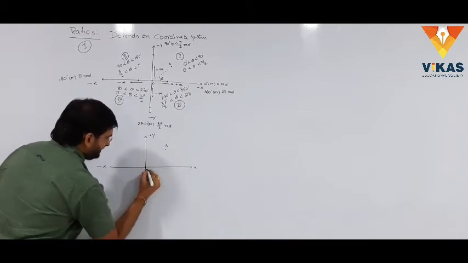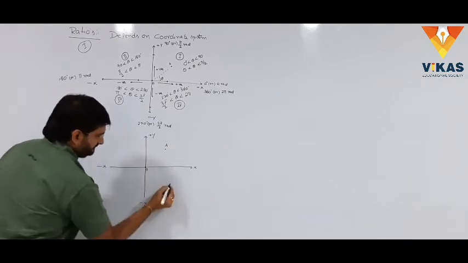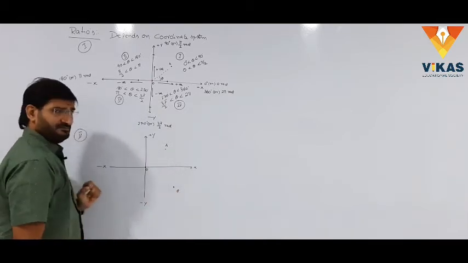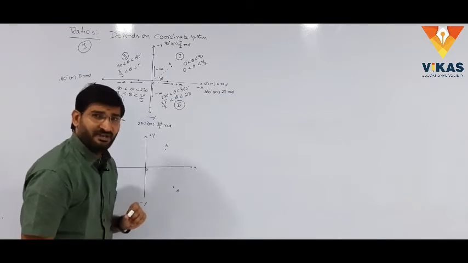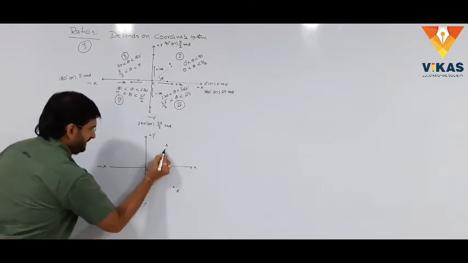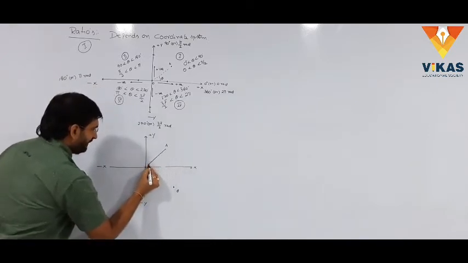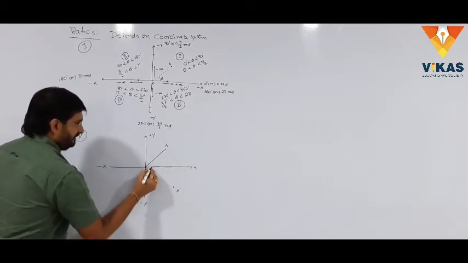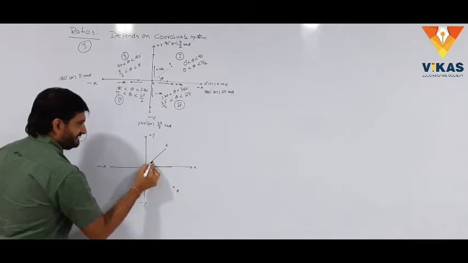The intersecting point is O, let it be the origin. Let us consider one more point B. All the distances are measured from the origin only. We draw a line like this. Here the angle is measured from the positive x-axis simply like this.